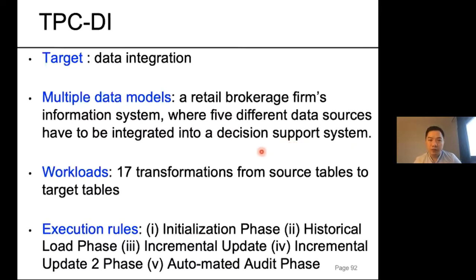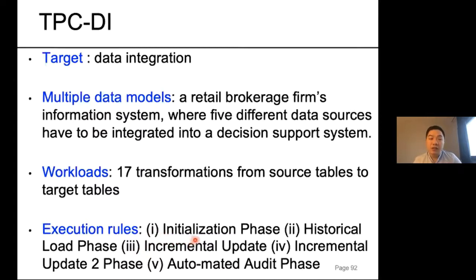Its focus is on the ETL process, and the workload consists of 17 transformations from source table to target table. For example, they will transfer JSON, XML, or text to the tables, and it defines 4 phases of the execution rules.